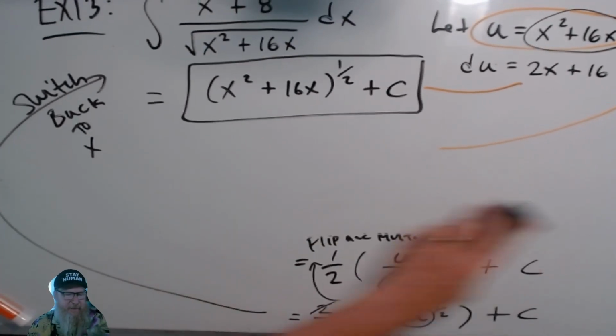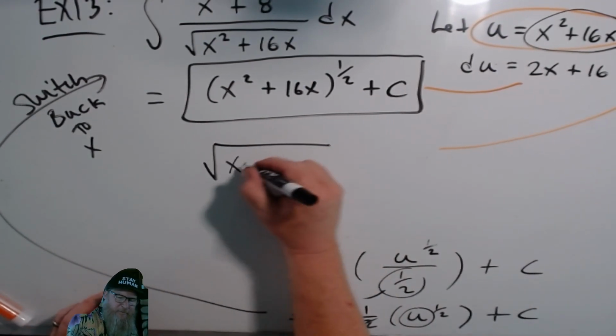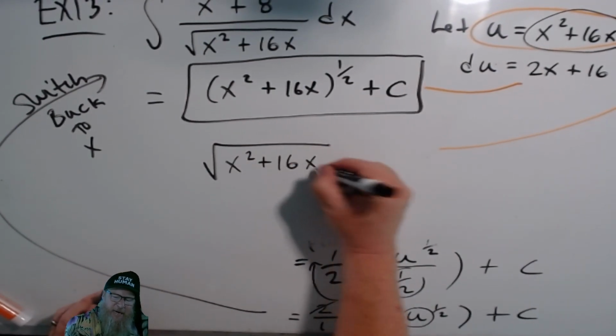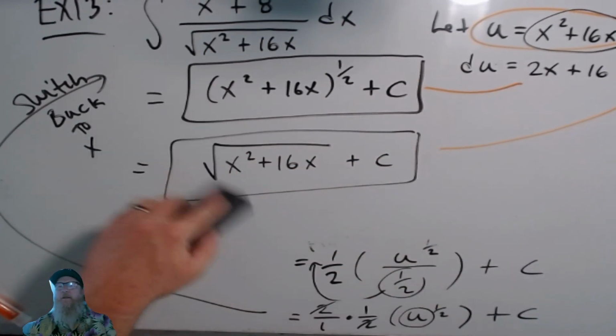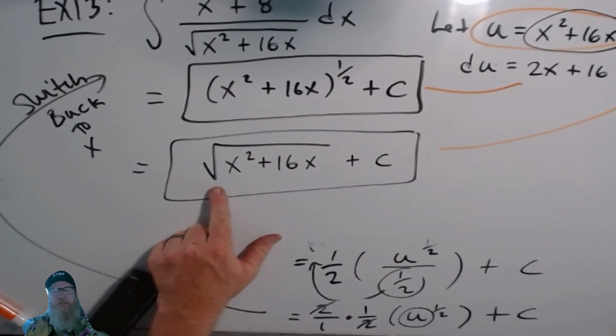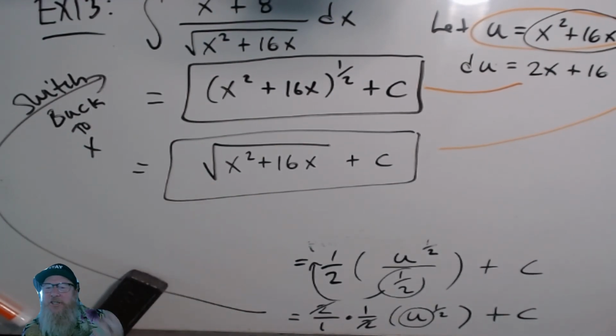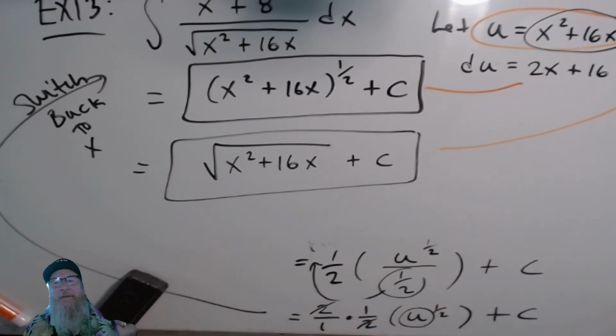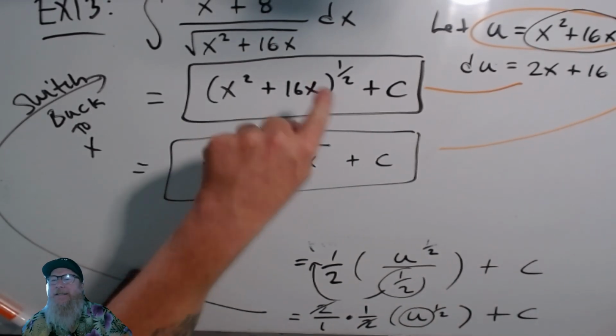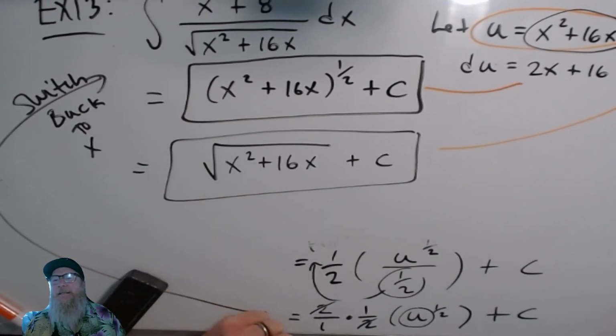You could also write it this way. This is about the only time that I do take that option. Either one of those would be fine. I usually like to see a square root if it's just a square root. When it gets more complicated and it's got other powers or it's negative or whatever, I don't really care. But when it's literally just a square root, I like to see it. That's just my own taste.